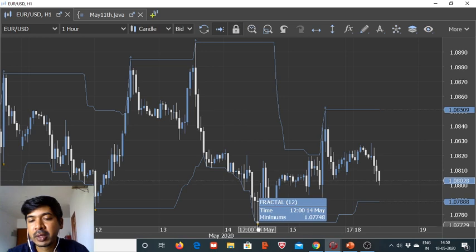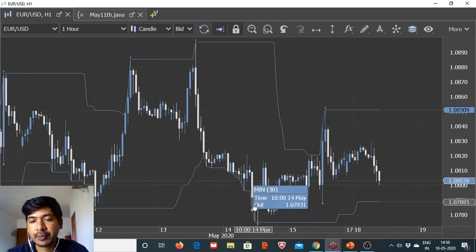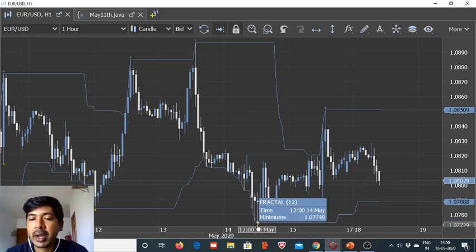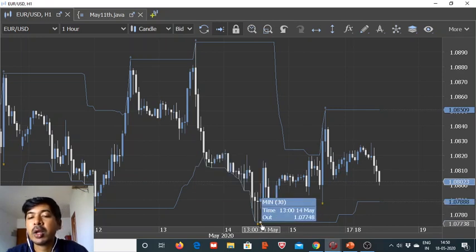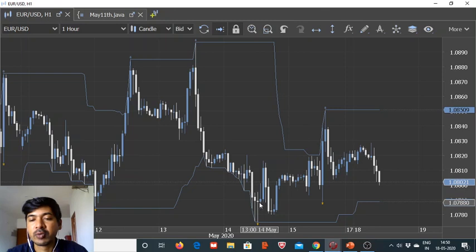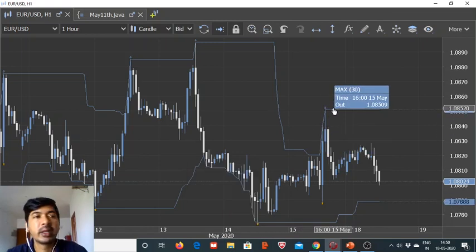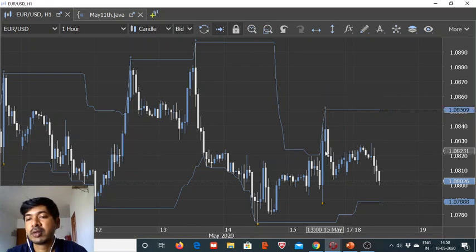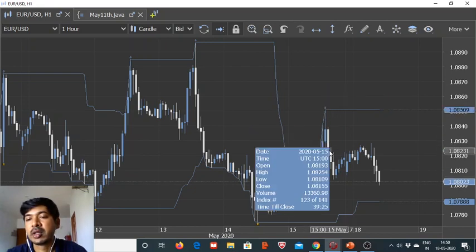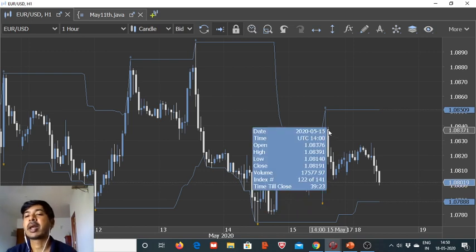But now, if we want this pattern to be identified, it's fairly simple. Here, as you can notice, this is the lowest value if we take this bunch of 5 candles, and on both sides it is flanked by these higher lows, and here the reverse of it is true. It is the highest value in these 5 candles, and on both sides it is flanked by candles with lower highs.